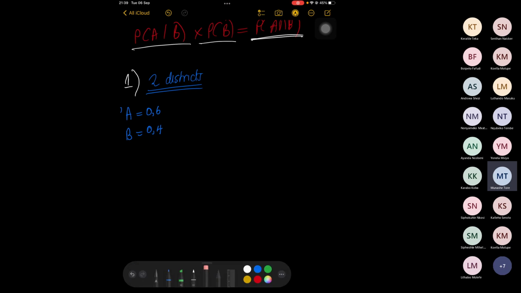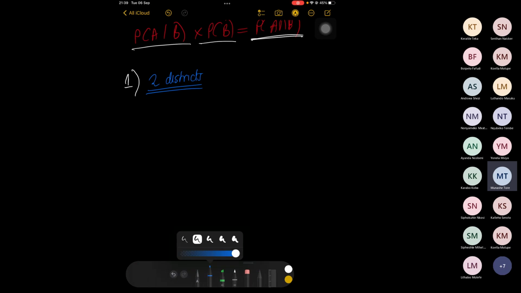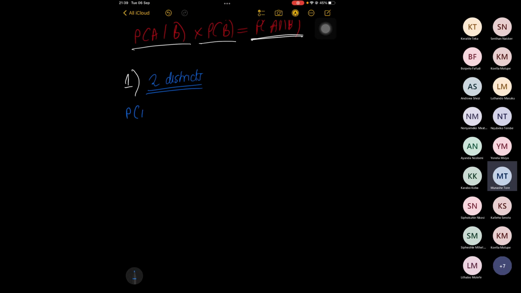Sorry, just realized now, for it to actually make sense. Okay, so in this case, probability of A is going to be 0.6, then probability of B is going to be 0.4, isn't it? So you have probability of A, you have probability of B.